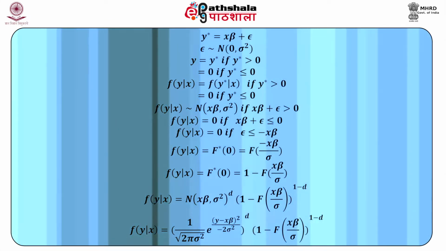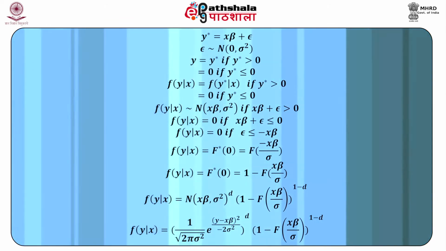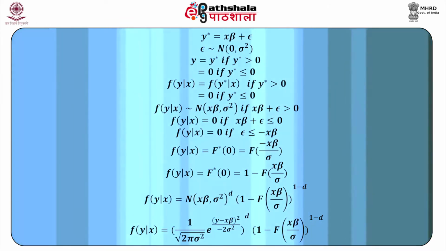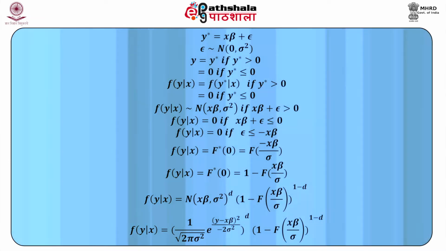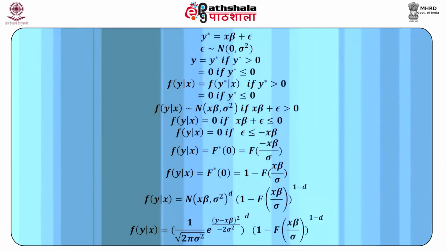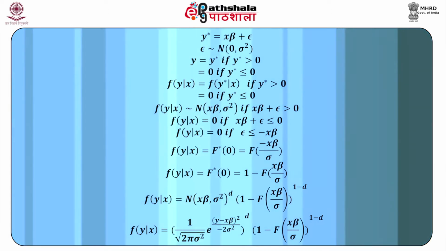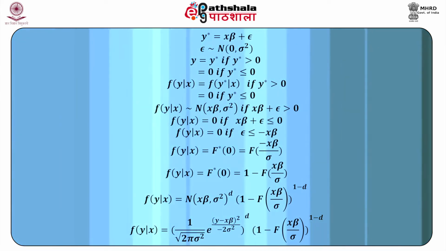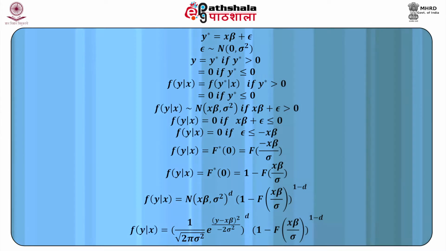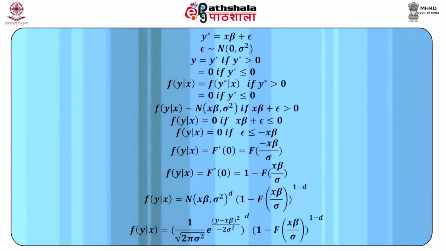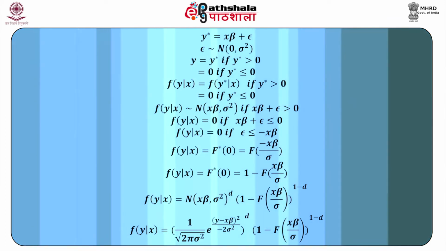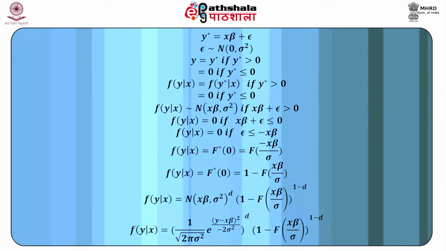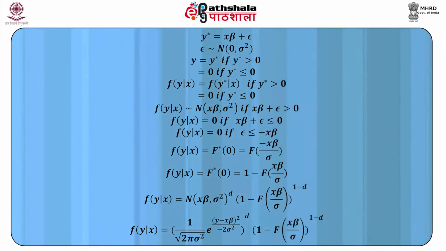Small f of y given x is now equal to capital F star of 0 and is equal to also 1 minus F of x beta upon sigma. The density function f of y given x is equal to n of x beta comma sigma square raised to power d into 1 minus F of x beta upon sigma raised to power 1 minus d.